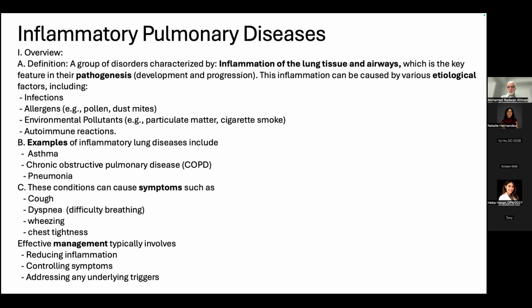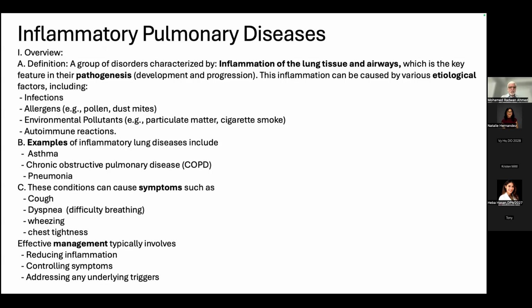What are the examples of inflammatory pulmonary diseases? All of us know bronchial asthma and chronic obstructive airway disease. And pneumonia is a representative of acute inflammation, a classic example of that.